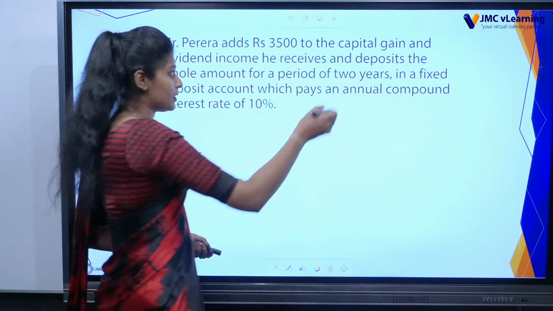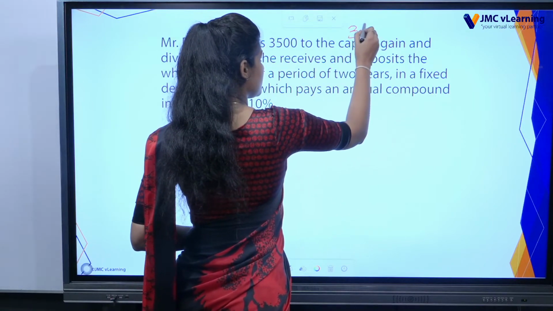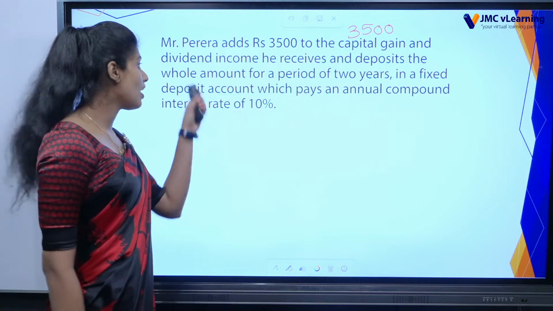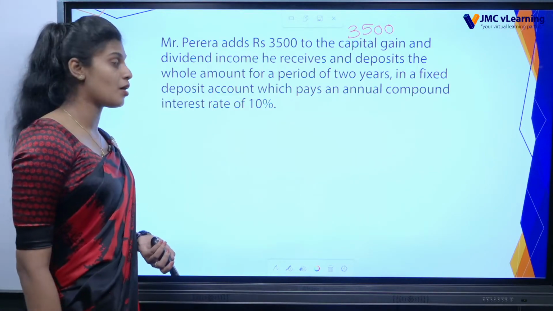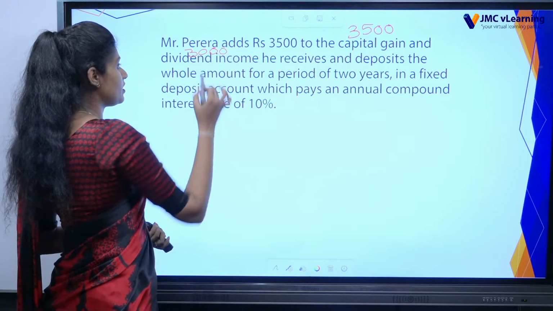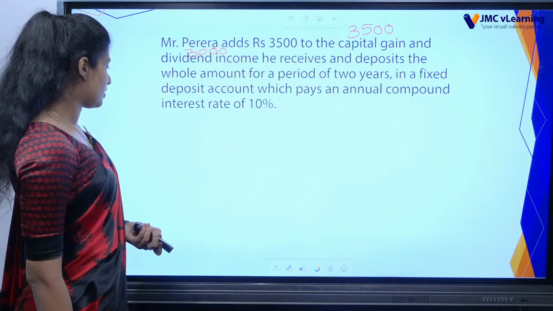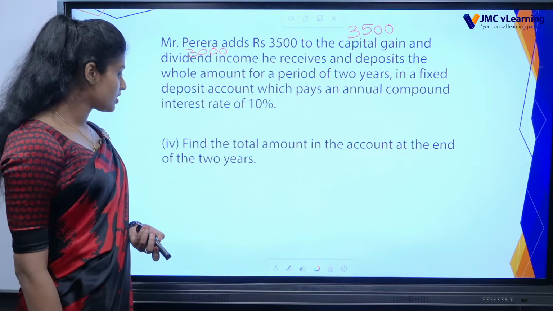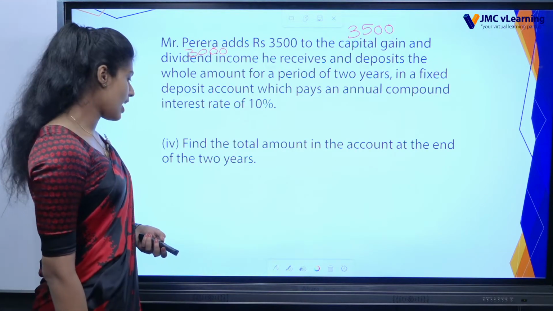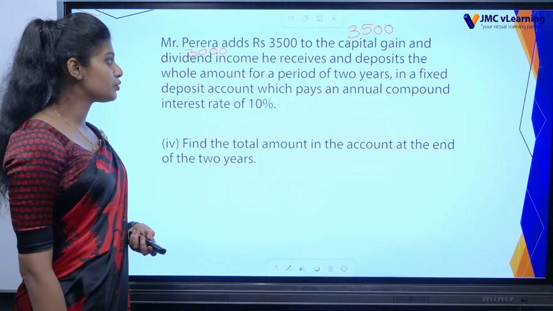How much is the capital gain? It is 3,500, and we have found the dividend income. The dividend income was 3,000. Then the question is, find the total amount in the account at the end of the 2 years.